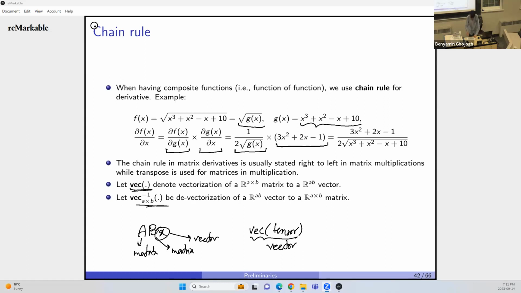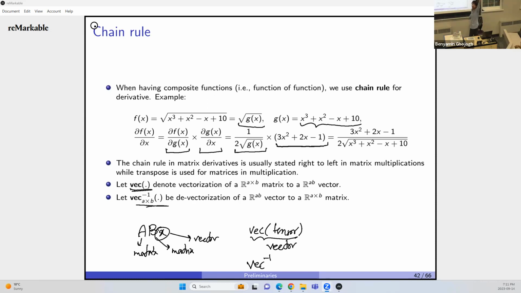Then you can simply multiply the terms to each other. At the end, you vectorize it back, or devectorize it, vectorize inverse, and it becomes a tensor again. However, in vectorizing, you don't care about the dimensionality. Do you agree? In vectorization, you don't care.